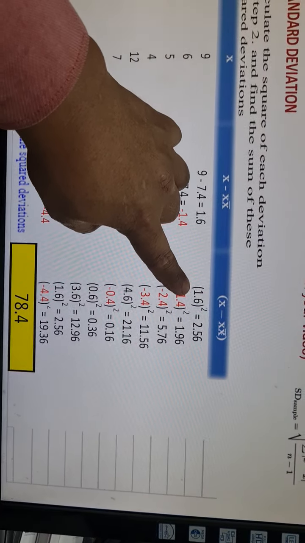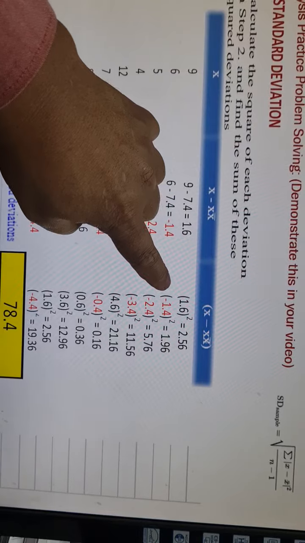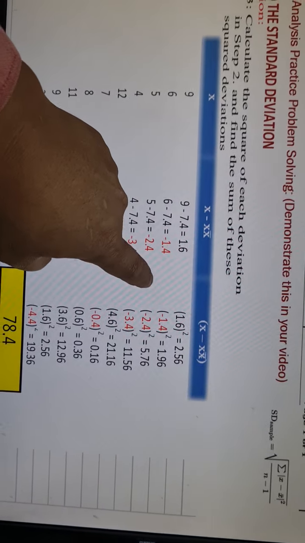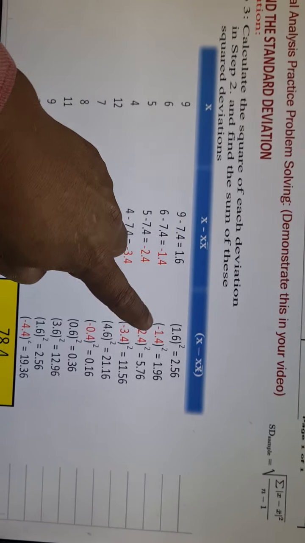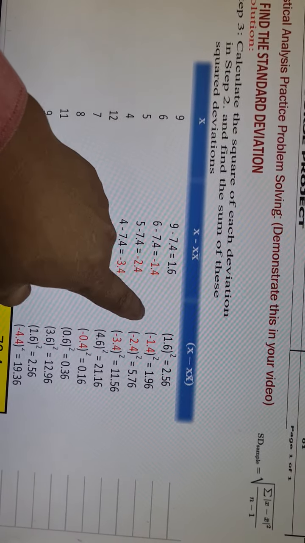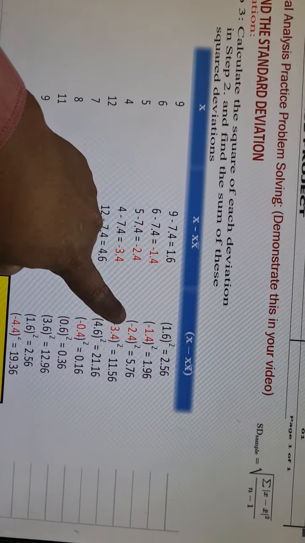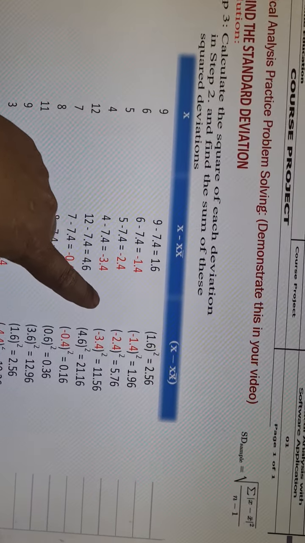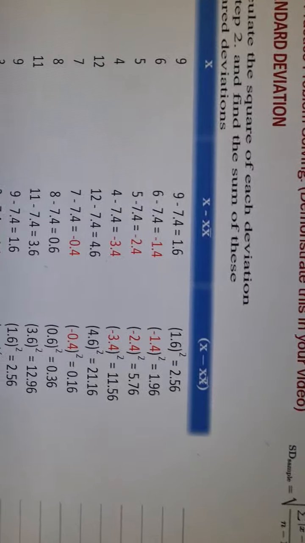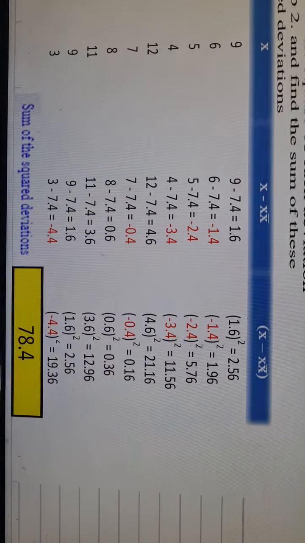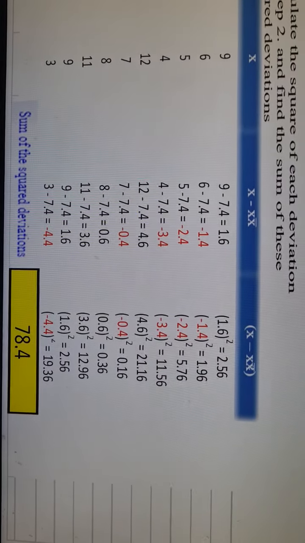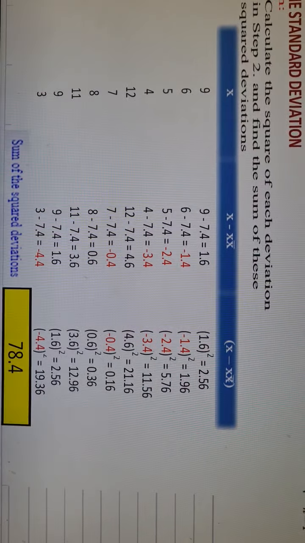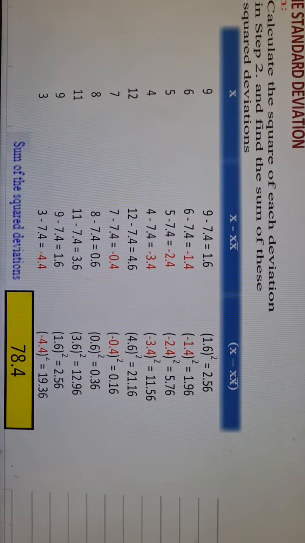1.6 squared, or 1.6 times 1.6, equals 2.56. Negative 1.4 times negative 1.4 equals 1.96. Negative 2.4 times negative 2.4 equals 5.76. Negative 3.4 times negative 3.4 equals 11.56. 4.6 times 4.6 equals 21.16.